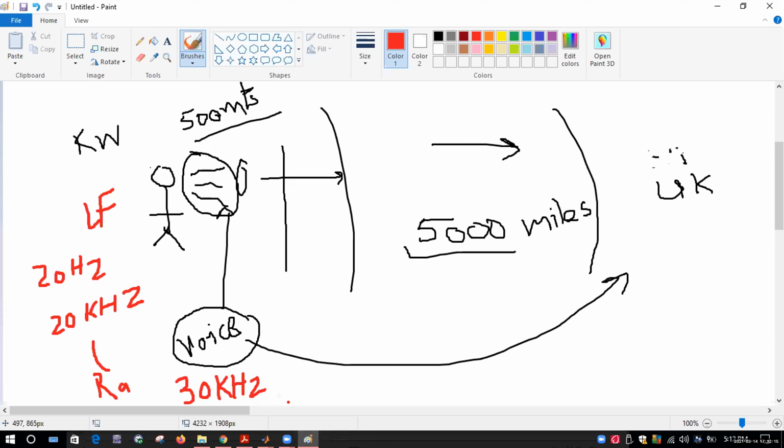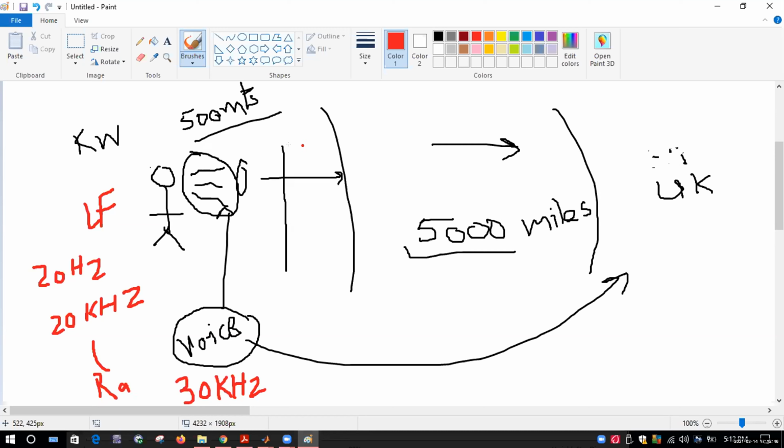Now, why did I introduce radio frequency here? Radio frequencies can travel a very large distance as compared to the audio. If this person speaks and uses the full energy, a maximum distance he can cover is maybe 100 meters.